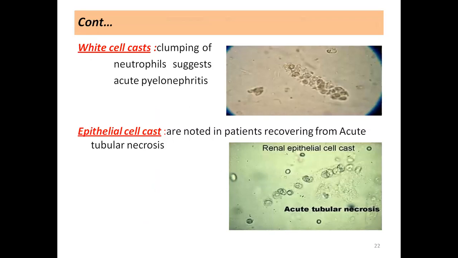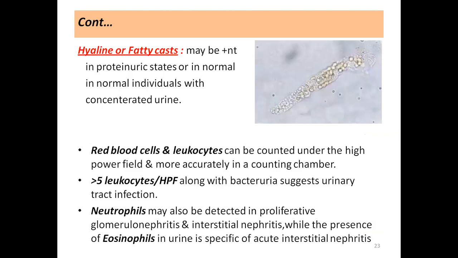Epithelial cell cast are noted in patients recovering from acute tubular necrosis. Also, hyaline or fatty cast may be present in proteinuric state or normally in individuals with concentrated urine.